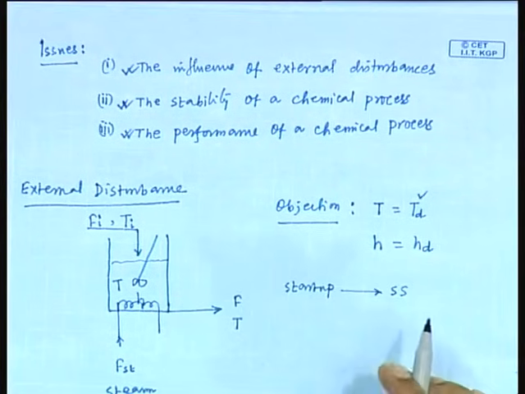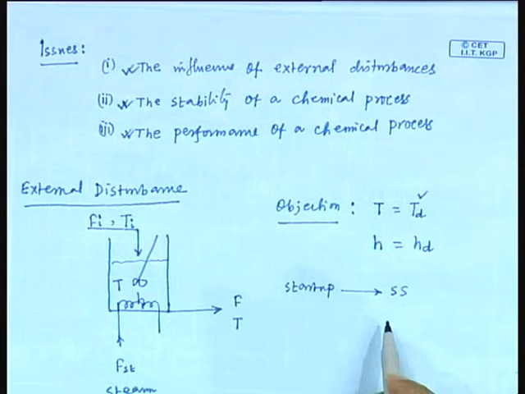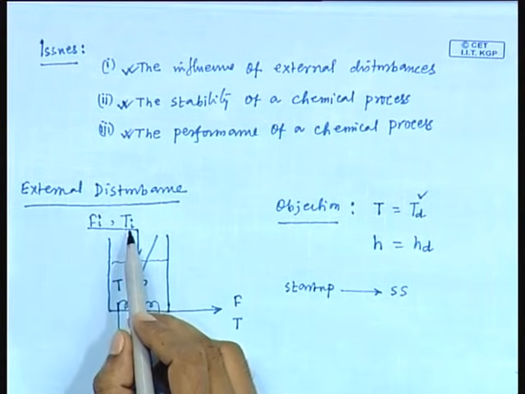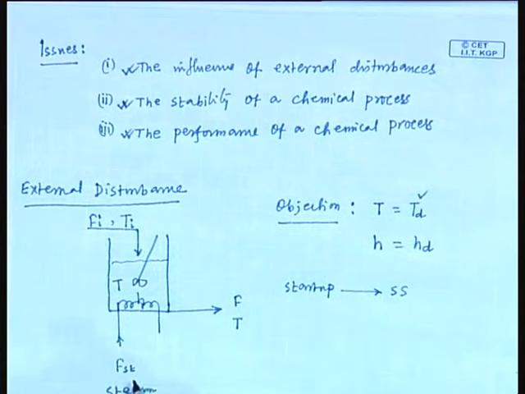Now suppose the process is at steady state, and if there is no external intervention, I mean if there is no change of Fi, no change of Ti, no change of Fst, the process remains at steady state all the time. So, if there is no change of any input variables, then the process remains at steady state. So, there is no need of any control system, but this is not the case in practice.